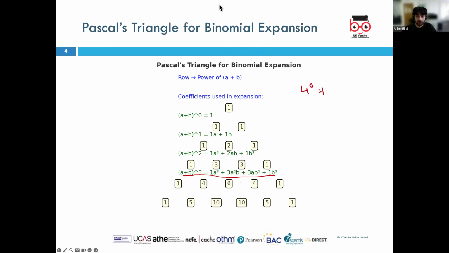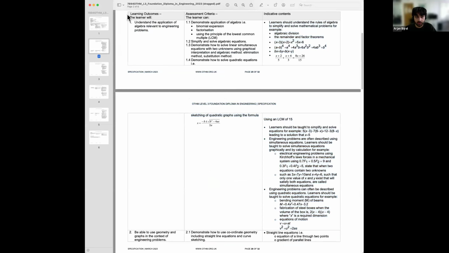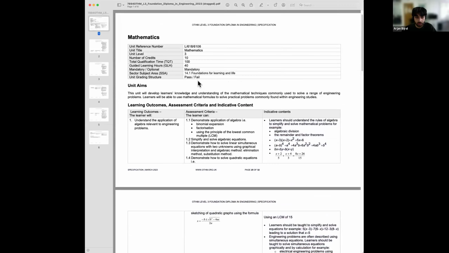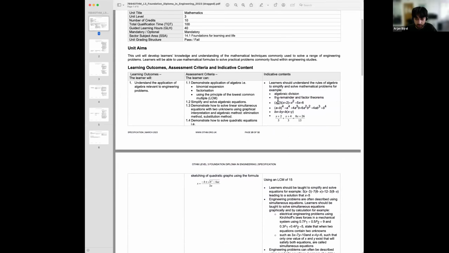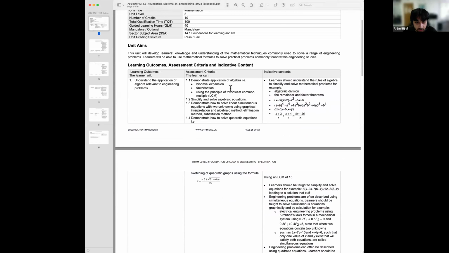Hold on, I'll share the screen and I can show you. Here's your course spec. Can you see this? This is the level 3 foundation diploma engineering specification, and as you can see, binomial expansion is there.